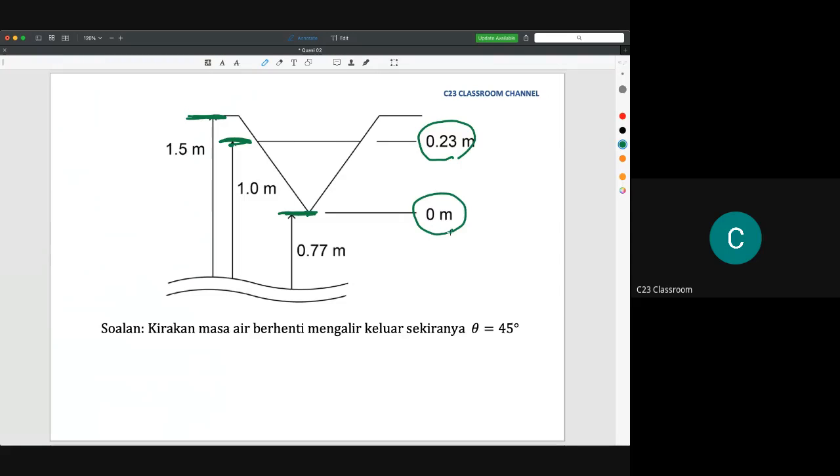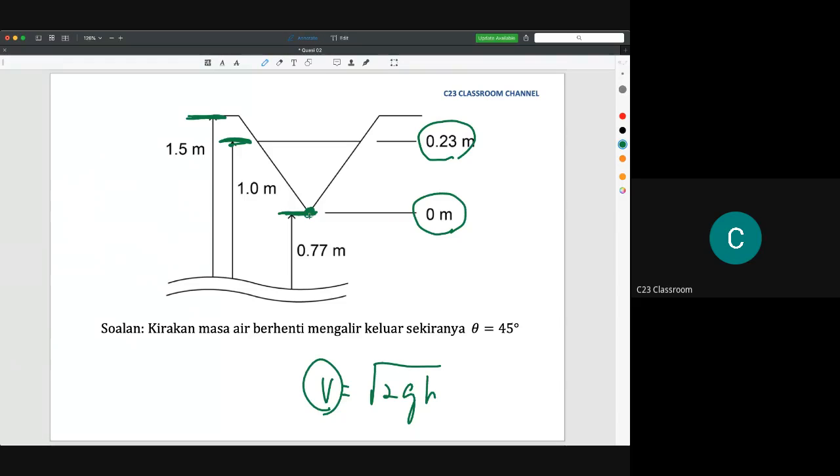Why? Because you need to think about the velocity of water. At this point, the velocity of water is 0. Why does the water not flow out? Because there is no height. You know that velocity is equal to the square root of 2gh, so the velocity is 0 at this level.